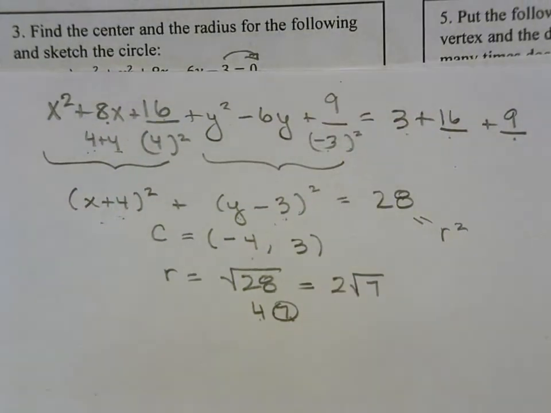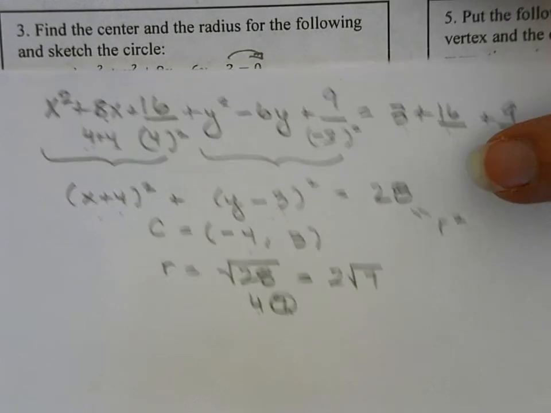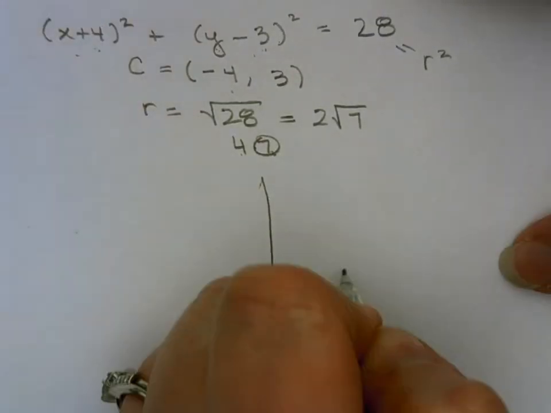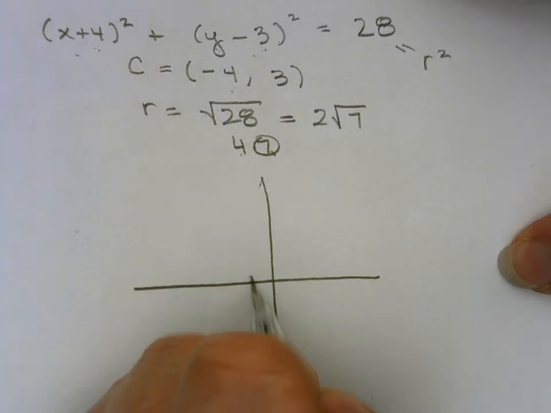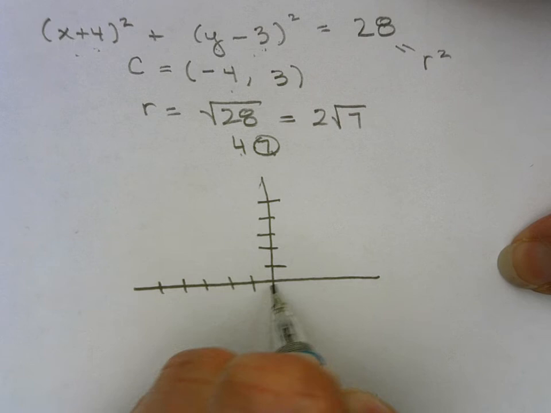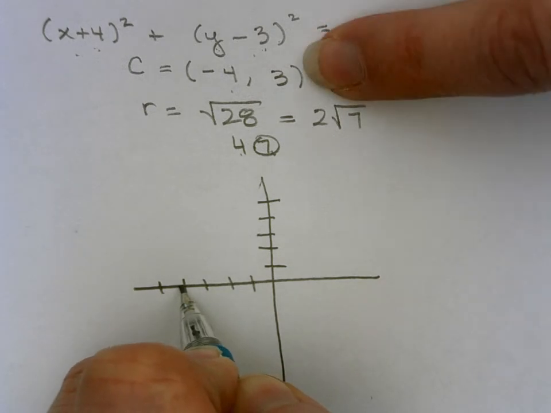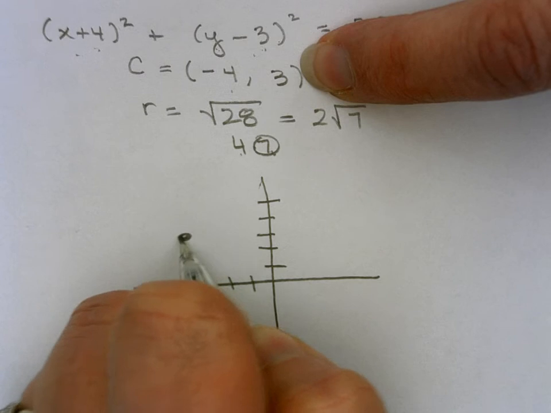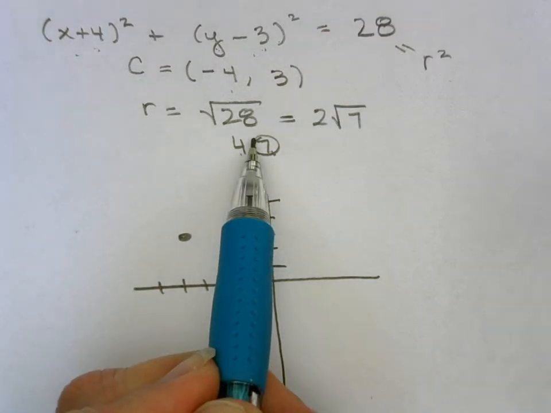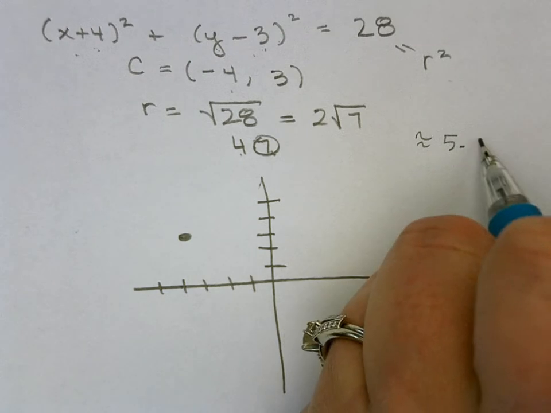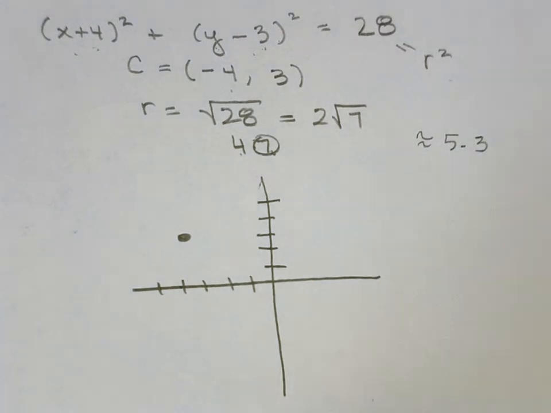Now it also said to sketch it. For sketching this one, just kind of wing it a little bit. So left 4 and then up 3. For the square root of 28, if I type that into my calculator, I would get a little over 5. I think it's around 5.3.